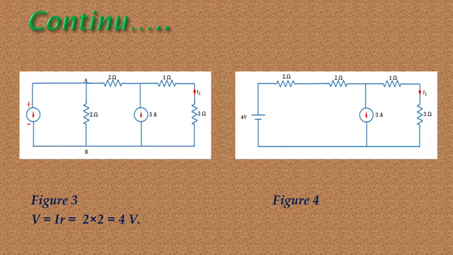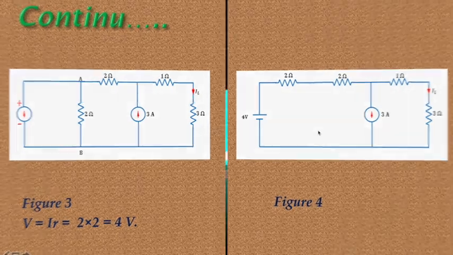Convert it into a voltage source, placing the 2 ohm resistance in series. The voltage of the converted voltage source is obtained as V equal to IR, so 2 into 2 equal to 4 volt. Then draw the equivalent circuit diagram in figure 4.